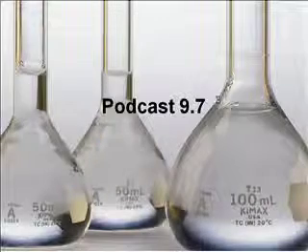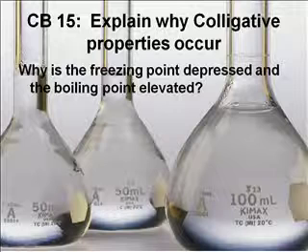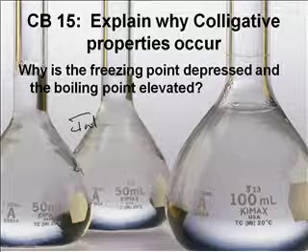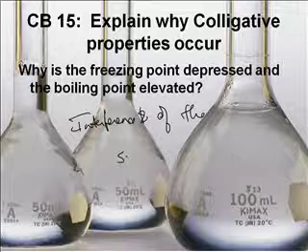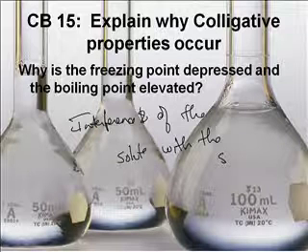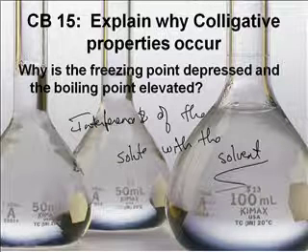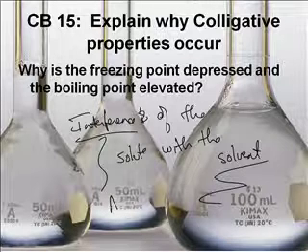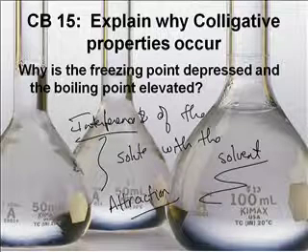Because we have interference of the solute with the solvent. And that, my friends, is it. It's just an interference, or it's actually better to say the attraction of the solute for the solvent causes this to occur. And it causes two things to occur: the freezing point to be lower and the boiling point to be higher.